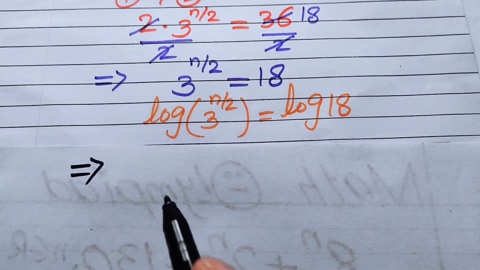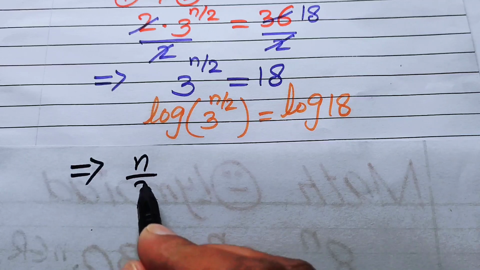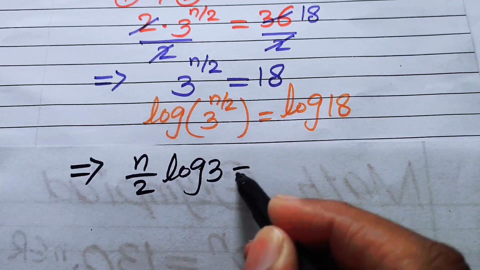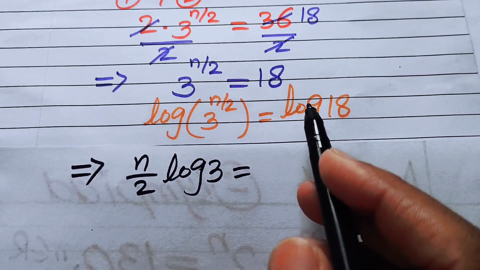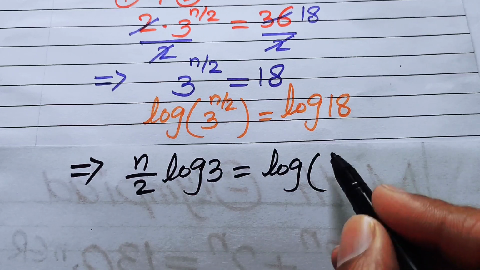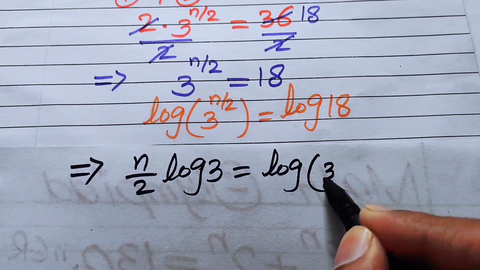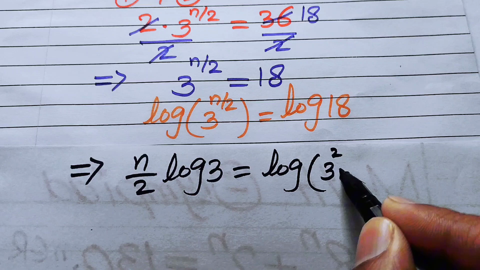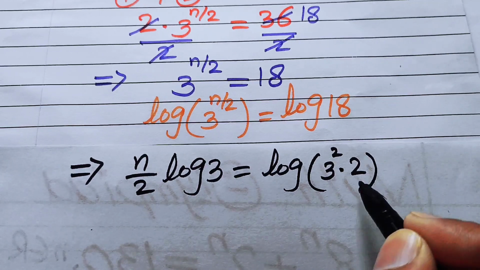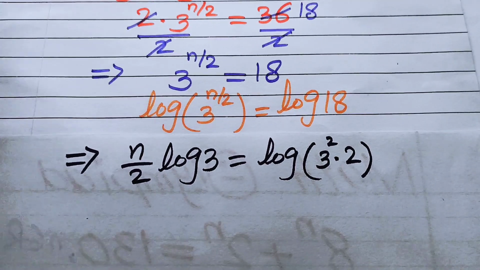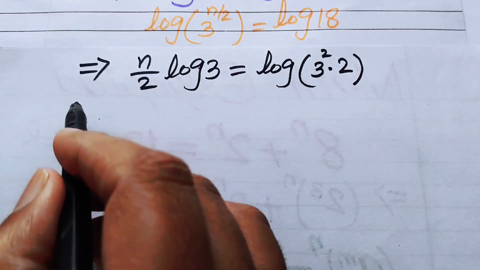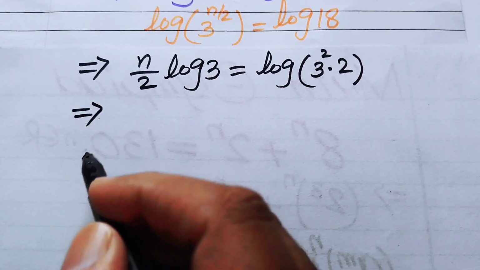So this implies that n over 2 times log of 3 equals log of 18, and we can write 18 as 3 squared multiplied by 2, because 3 squared is 9 and 9 multiplied by 2 equals 18. So we will just simplify these expressions and we will easily get the value of n.